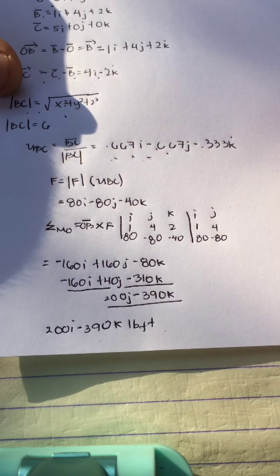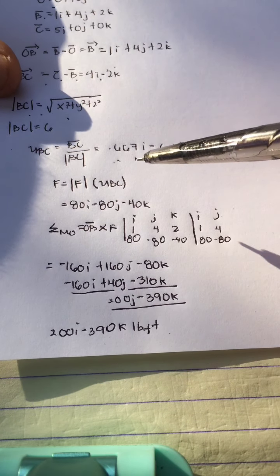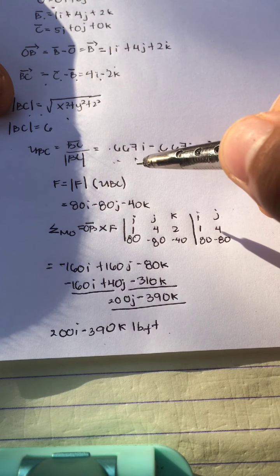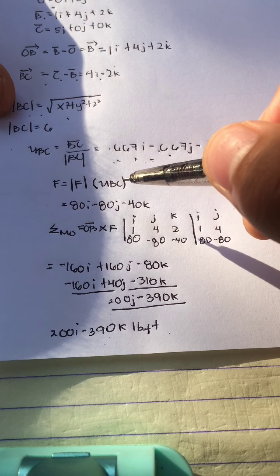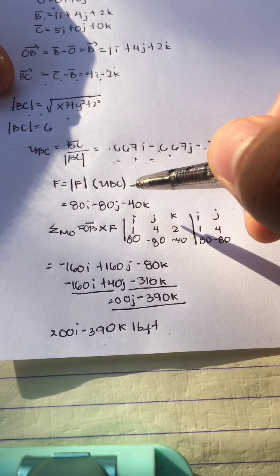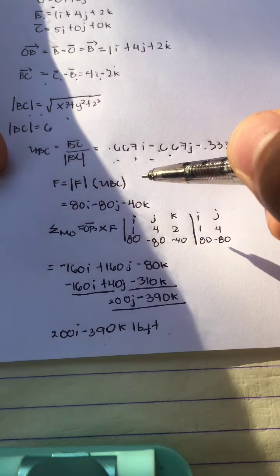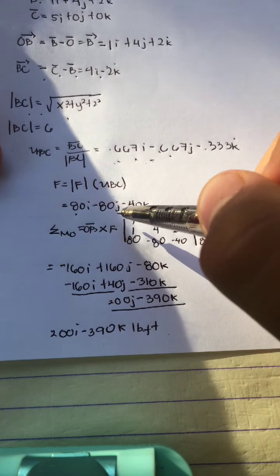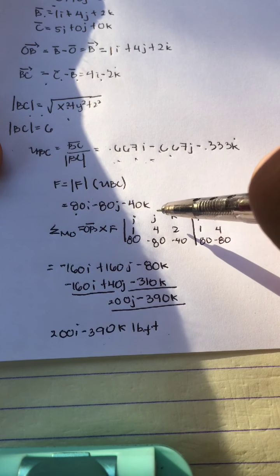So next, F is equal to the magnitude of F times the unit vector BC, which is equal to 80i minus 80j minus 40k.